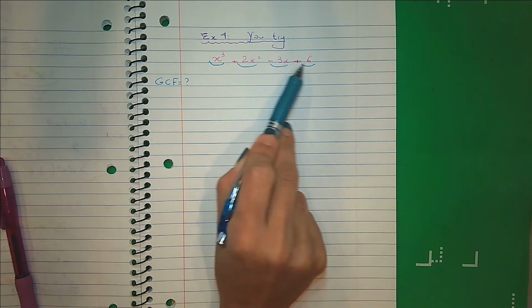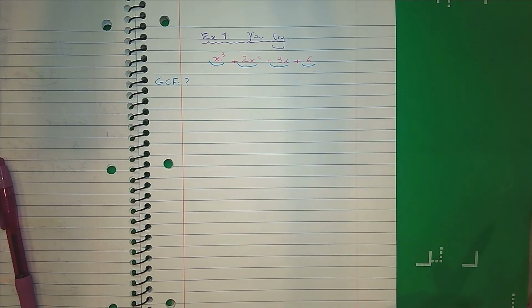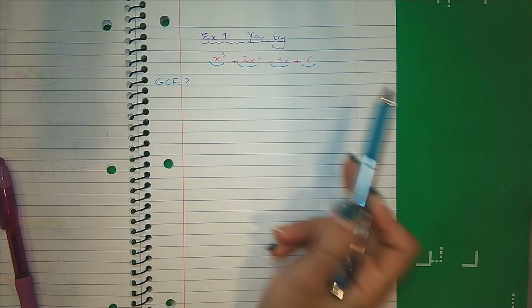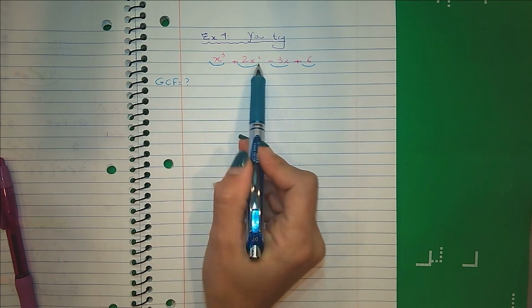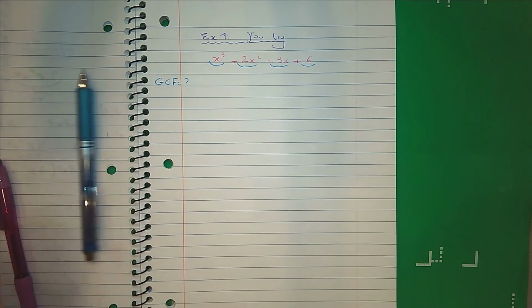Do I have a greatest common factor among all the terms? Obviously not, because this is 1, this is 2, this is -3, and this is 6. So we do not have a greatest common factor. So I'm going to move on and see, do I have a greatest common factor among any two terms?